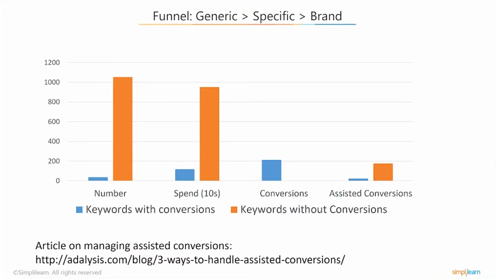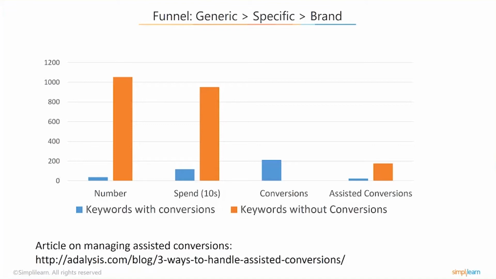Everyone searched for things like how to plant roses or raising tulips, something very generic, and they would see this nursery's ads and read about the flowers. Then 2 to 4 weeks later, they searched the company name and bought. So all conversions came from brand, but without the generic searches, no one searches for a brand. They basically deleted all the generic words, which is how people found them initially before they could search for the brand.